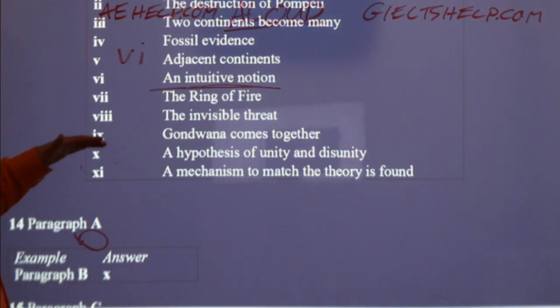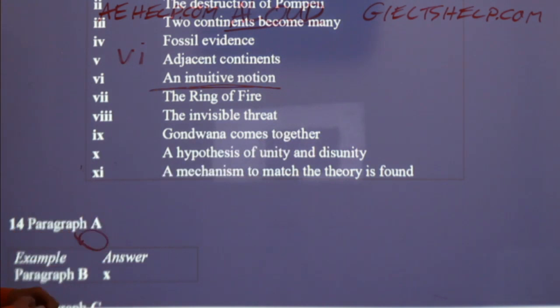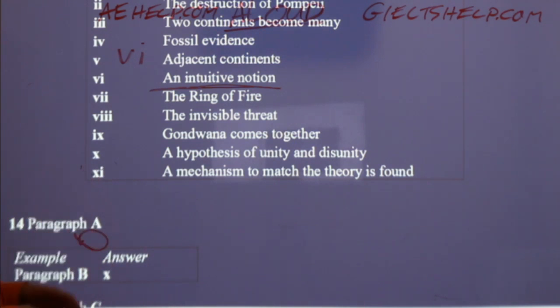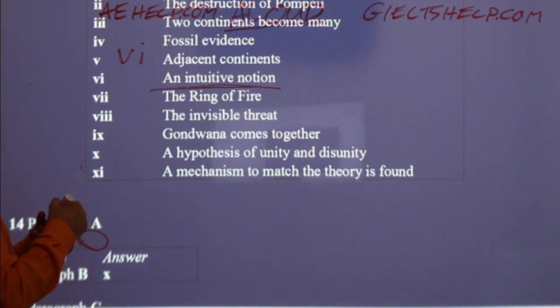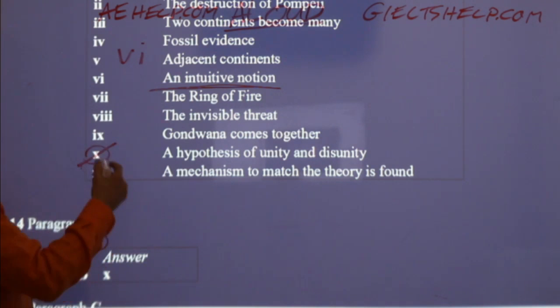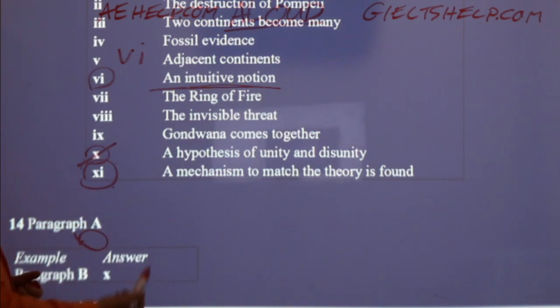Careful. If I'm not sure, so let's say that I'm a little bit confused here, and some of you students are going, yeah, Adrian, sure, you're a teacher, your English is good, you can figure that out. But for me, that's trouble. I would be in trouble on that question. Don't panic, don't freak out, okay? So now you say, okay, it might be X, but it's not because that's given in the example. So the other one that I'm thinking is this one and this one, a mechanism.